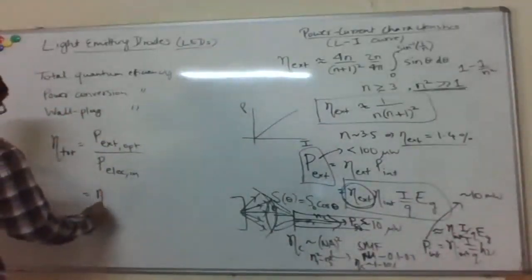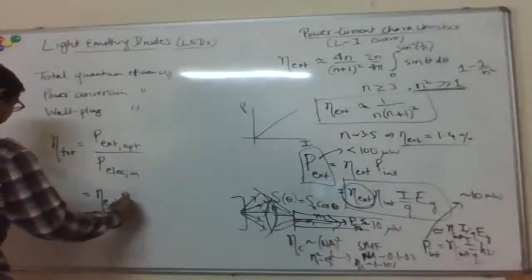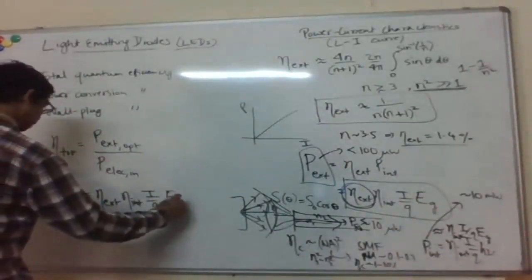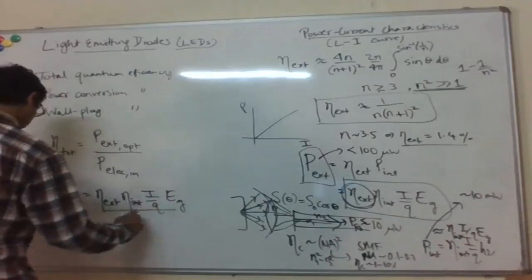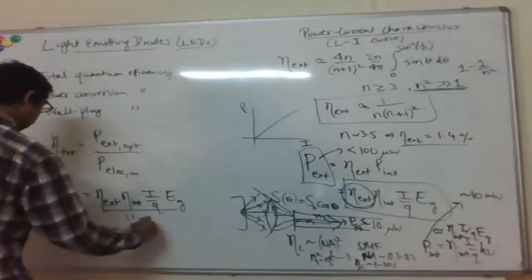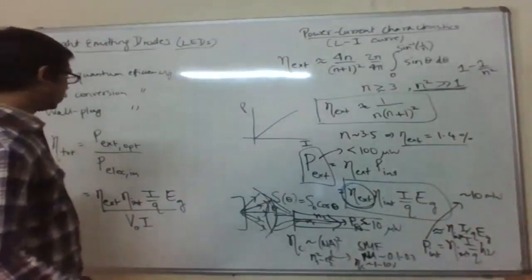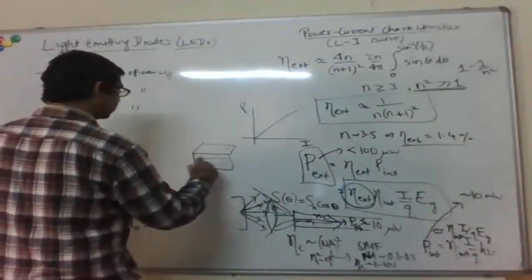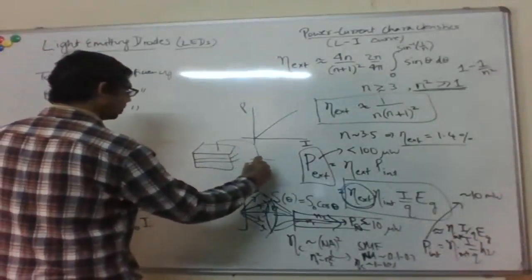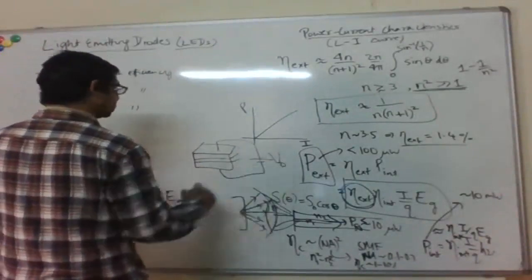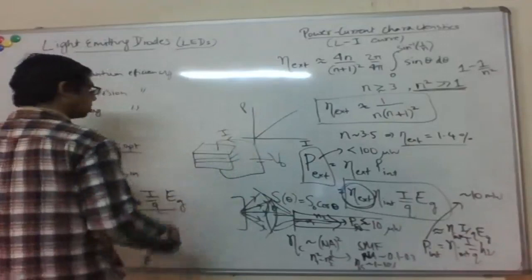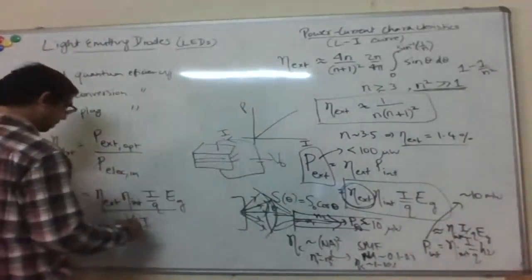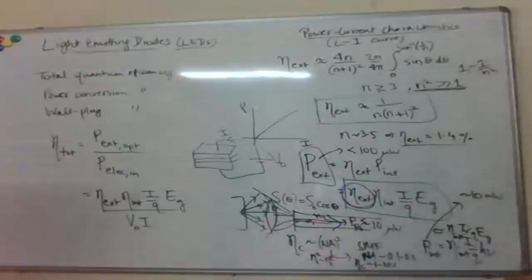Right, so I can write this as... so V0 is the, I've removed that figure, but let's say V0 is the forward bias voltage, right, so V0 times I is the electrical power input.